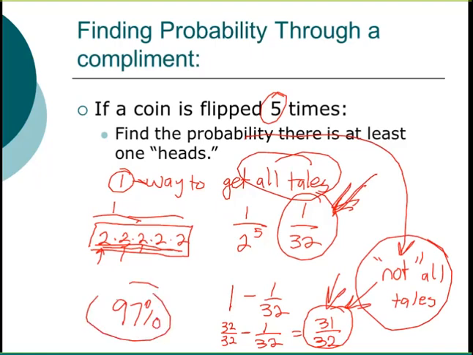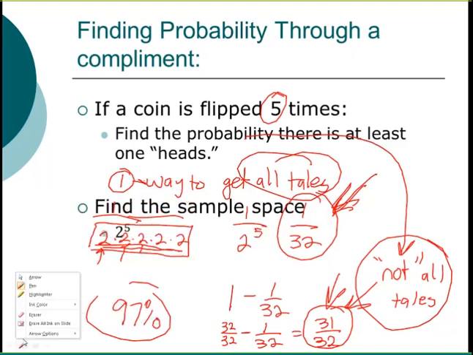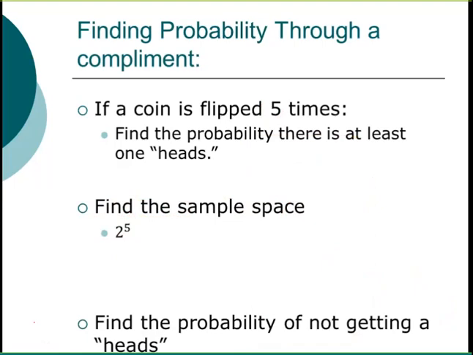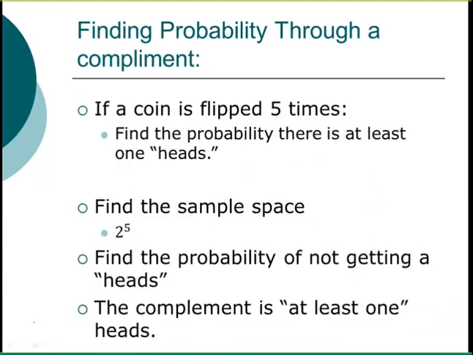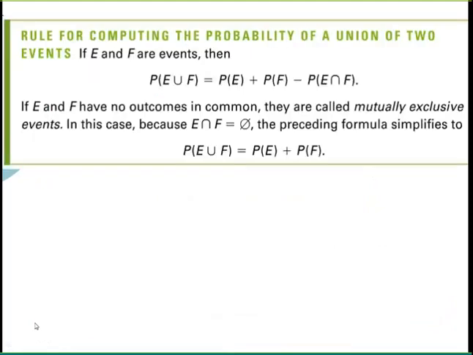So this is using the complement. It's pretty much the easiest way to do this problem. And by the way, here are my notes, basically step-by-step: find the sample space, the probability of not getting heads is what I did, and then the complement is at least 1 heads. That's what we just did.